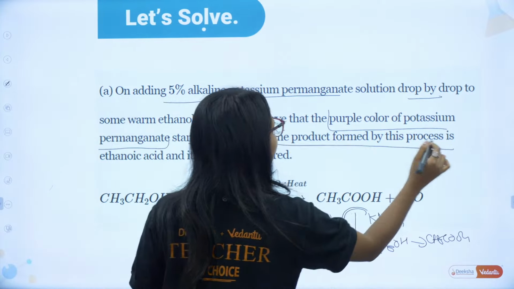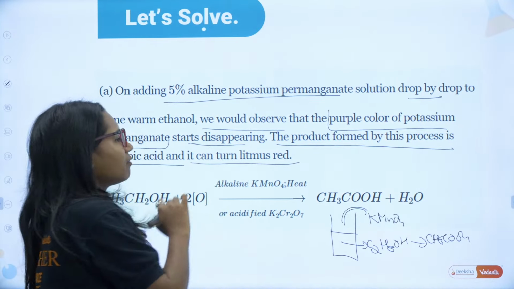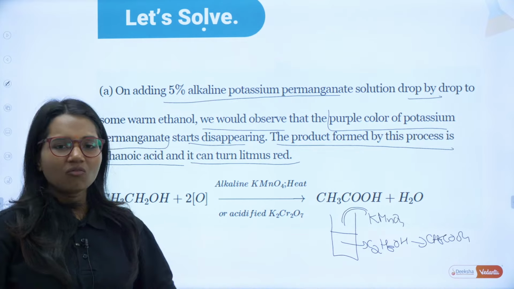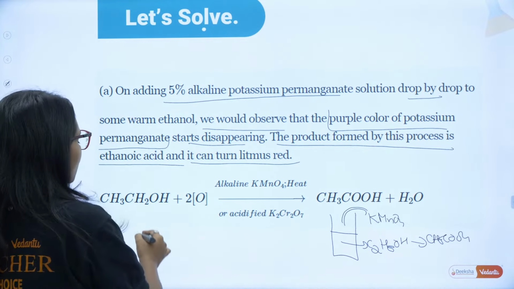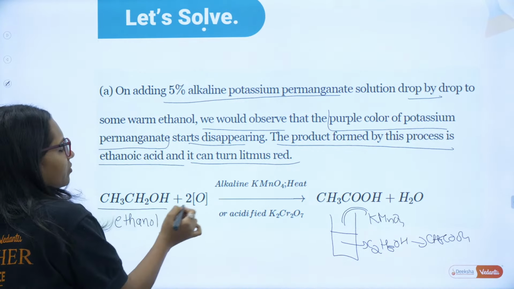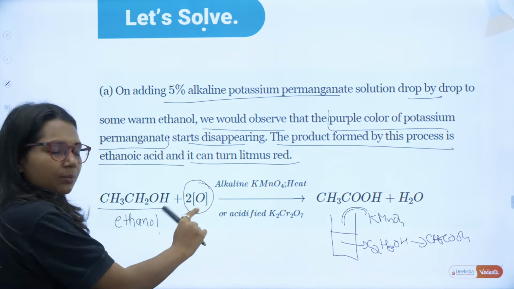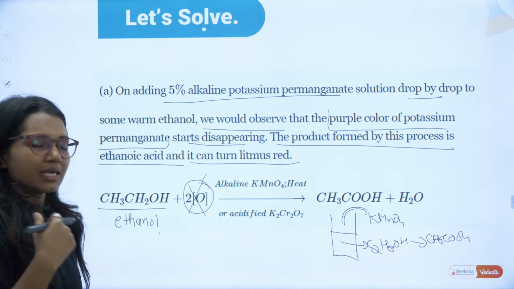The product formed, ethanoic acid, can turn litmus red. You know how litmus behaves in case of acid. You can skip this part because it just represents that it is getting oxidized.